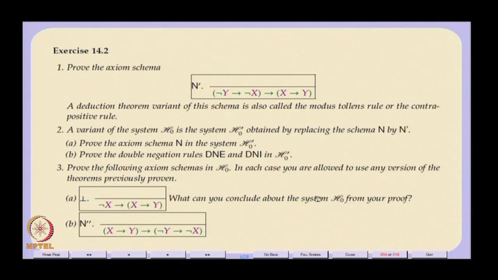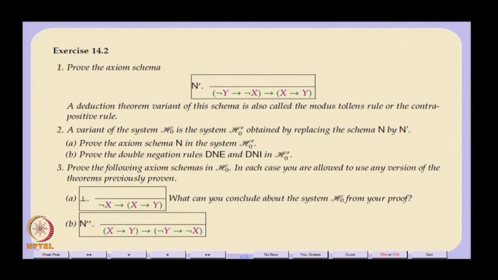And in these exercises I will ask you to prove that. For example, can you derive n from n prime? That is one question. Can you do the deduction theorem in this new system h naught prime? Well, the deduction theorem did not use n or n prime, so it will actually hold without any change. So you will get those derived rules anyway.